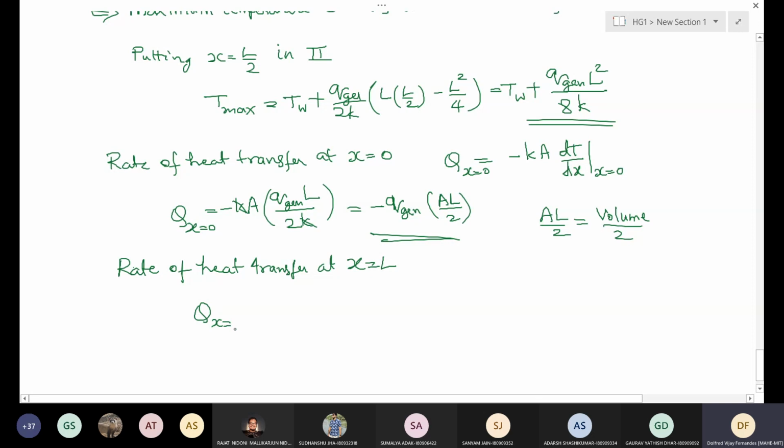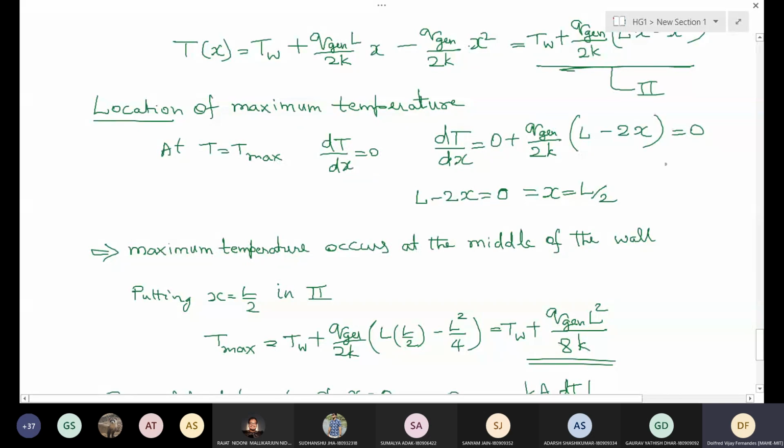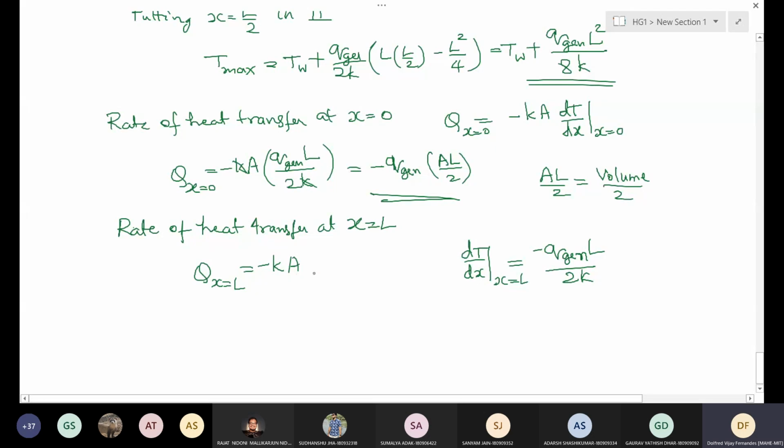At x equal to L, it is minus KA dT/dx at x equal to L. If you substitute x equal to L in this equation, then it is L minus 2L, so we have minus L. So you will get dT/dx equal to minus Q generation L by 2K.